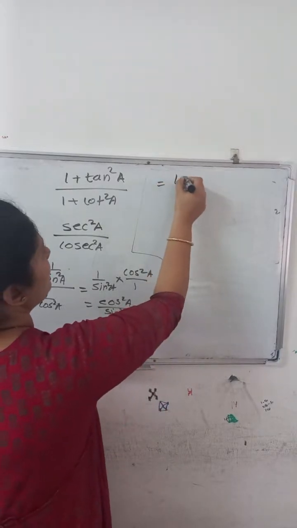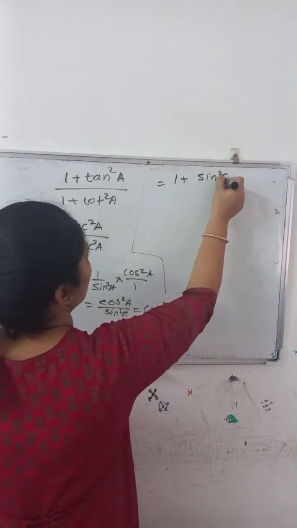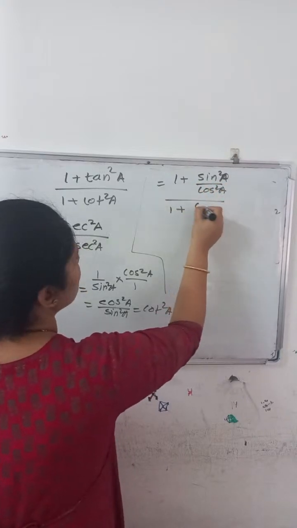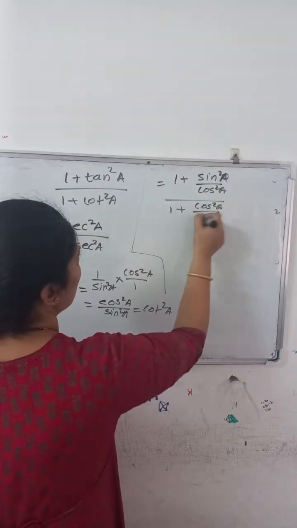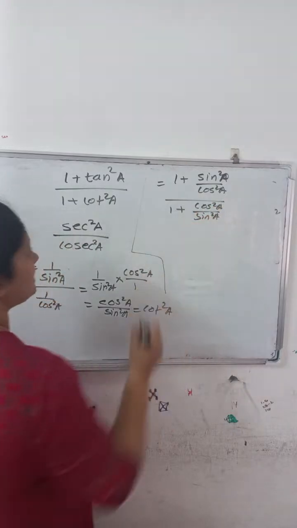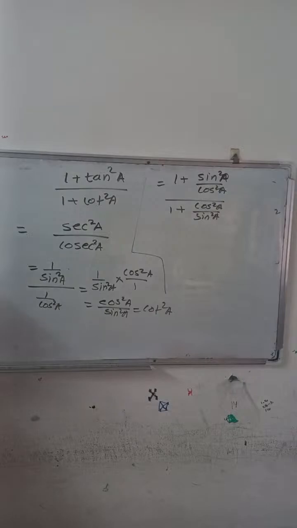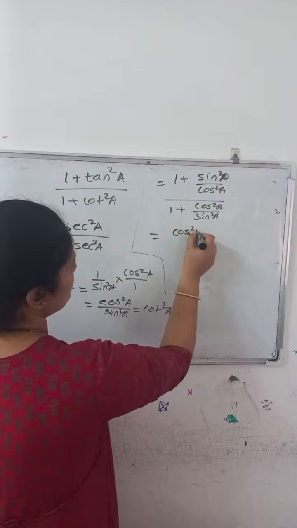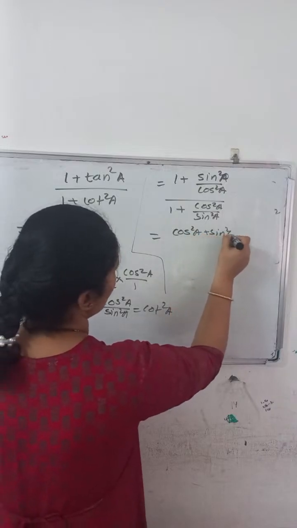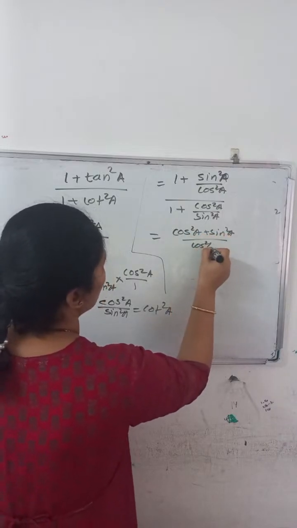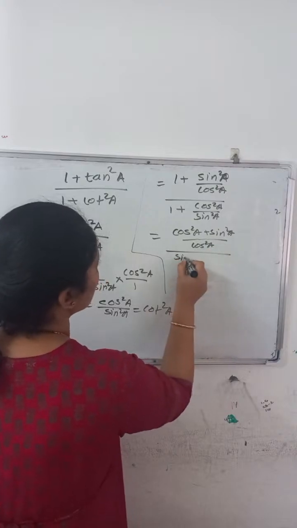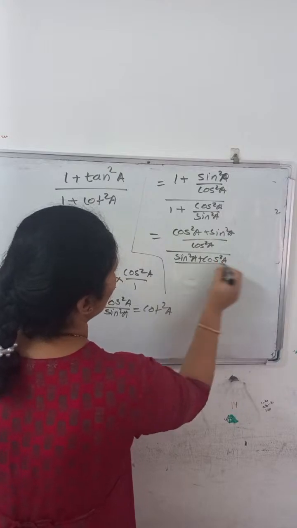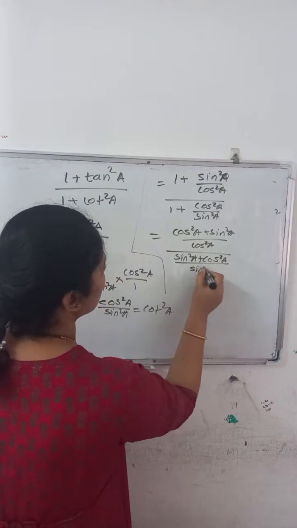So here take LCM: cos square A plus sin square A upon cos square A, and here again sin square A plus cos square A divided by sin square A.